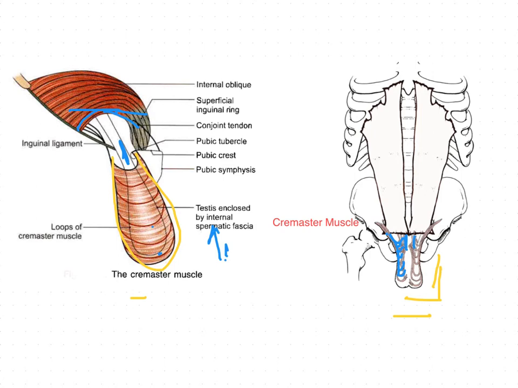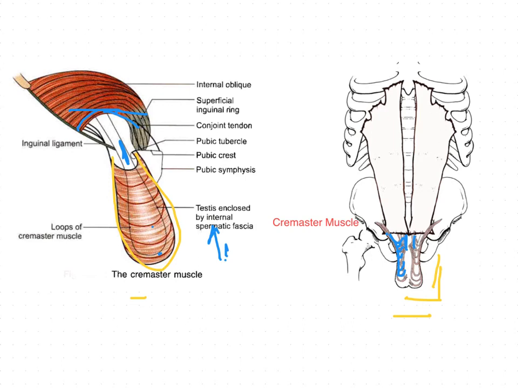This reflex is more brisk in children and it is lost in upper motor neuron lesions above the L1 level. So this is about the cremaster muscle.